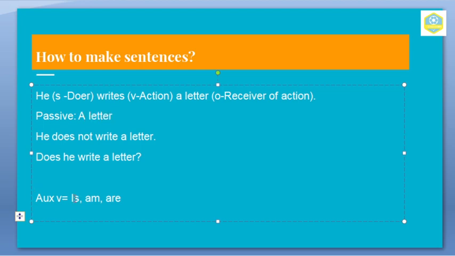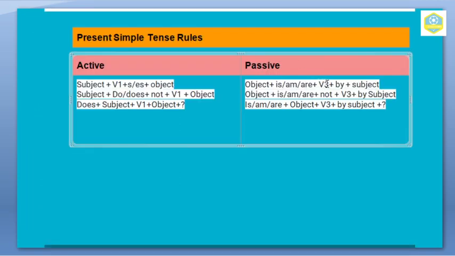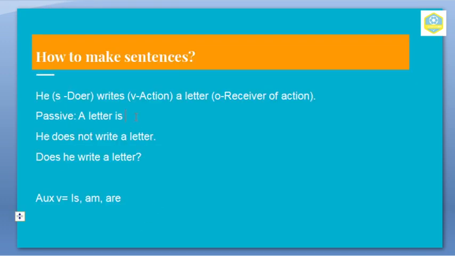As I said, we're going to use the auxiliary or helping verb. It's singular, so we're going to use is: a letter is. Here is writes. So guys, don't forget, we're going to use the third form. Writes will be changed into written.